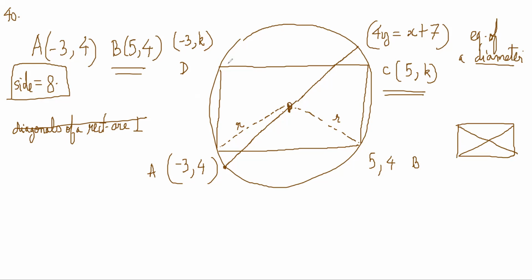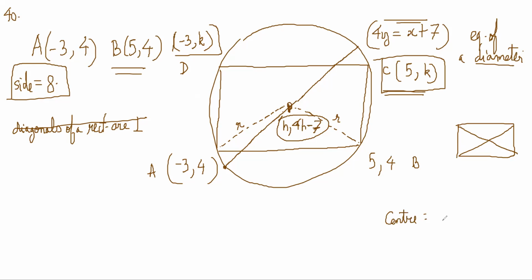D is this and C is this, and the equation of the diameter. So the center lies on this, right? So h comma 4h minus 7 is the center, no? The center of the circle is at h comma 4h minus 7, because it has to lie on the diameter.